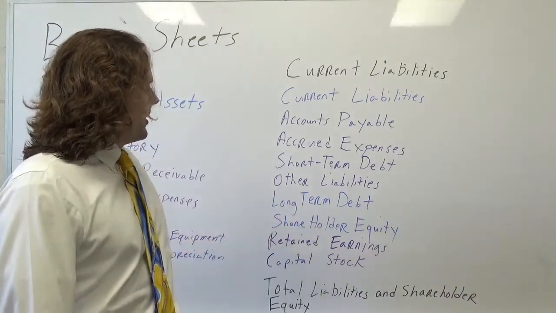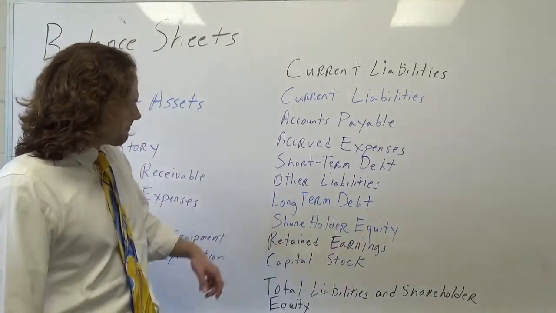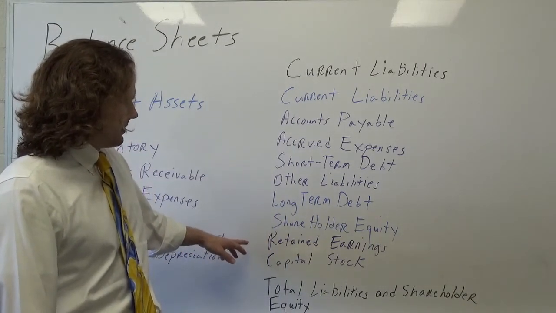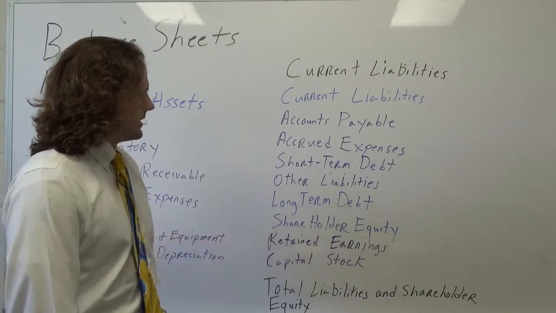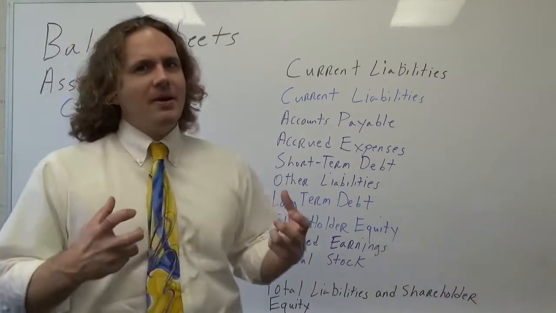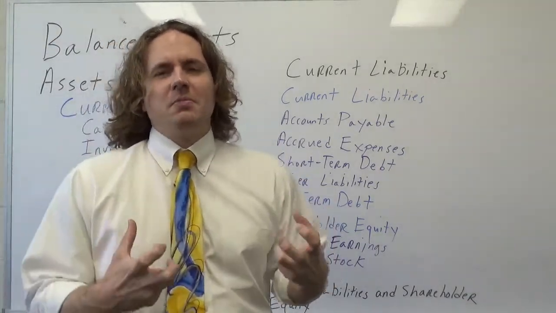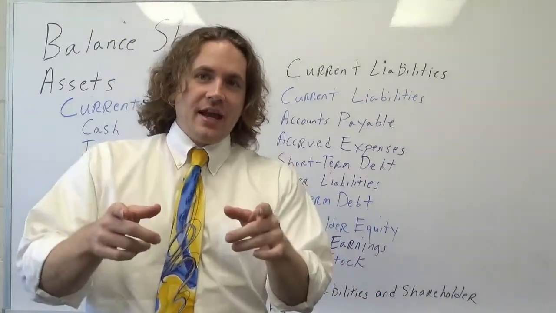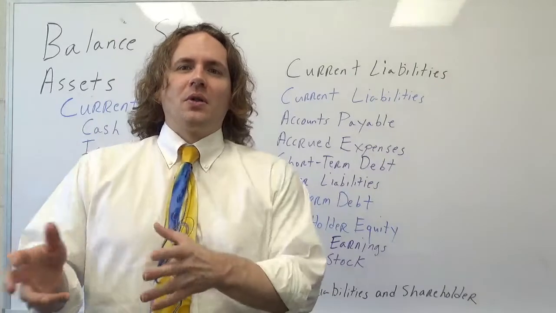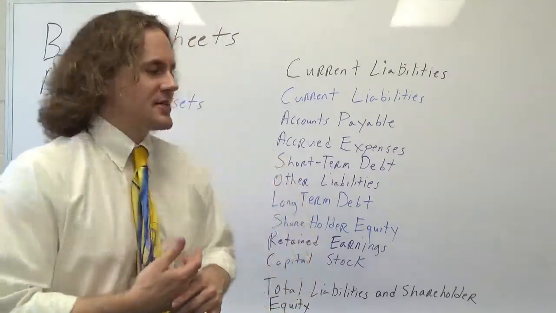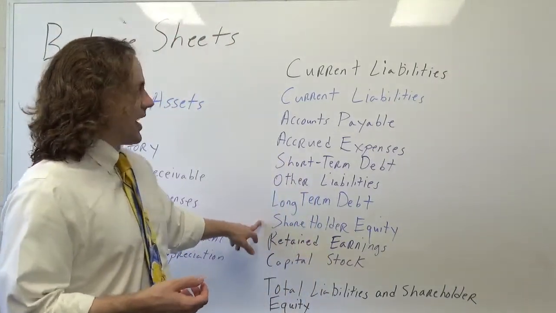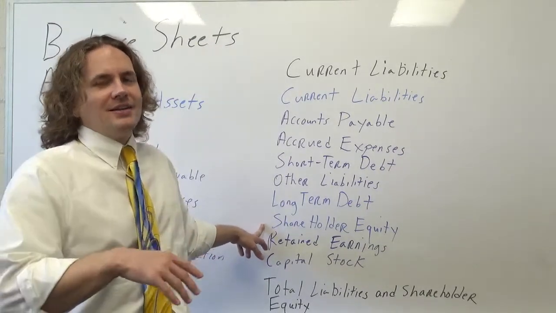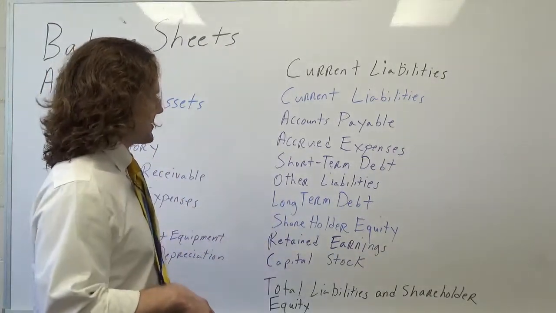You've also got shareholder equity. Shareholder equity is basically a combination of what the owner of the business has put in, plus, unless it's a negative, the profit or losses of the business. That is your shareholder equity. And of course, shareholder equity can increase as the firm becomes more profitable, and it can decrease if the firm is incurring losses.